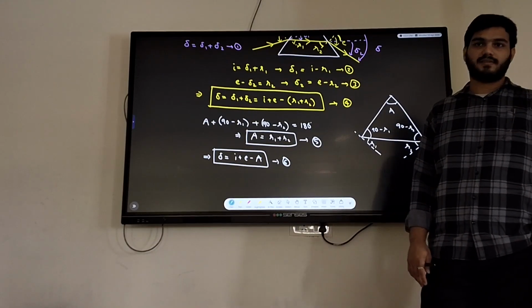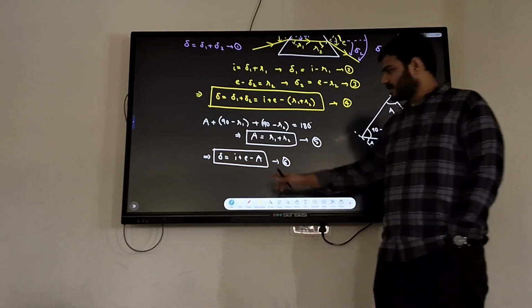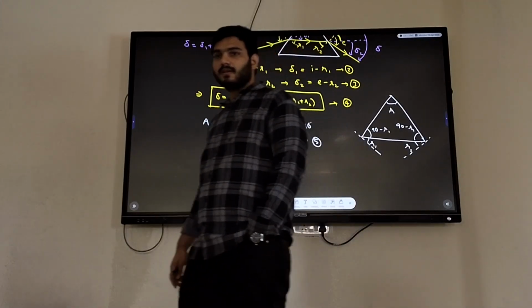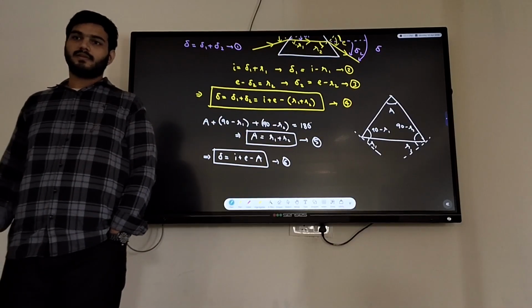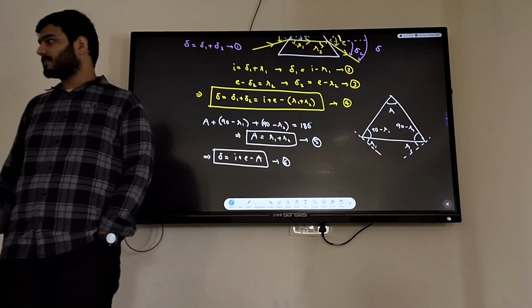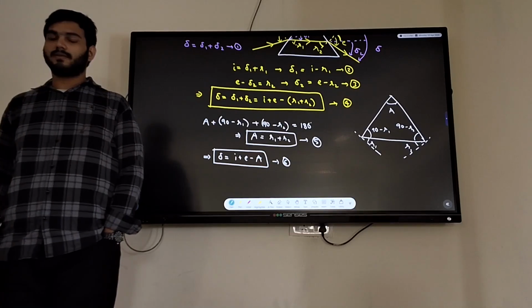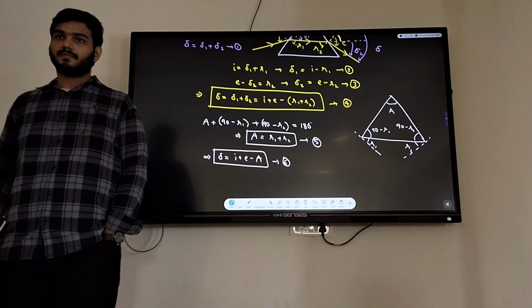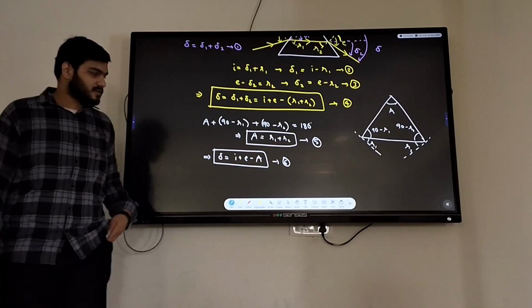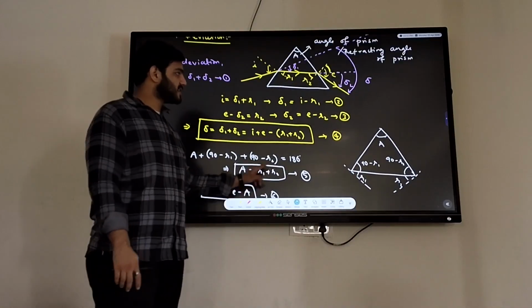That's a constant. I. Why I? Why not E? E is dependent on I, but how? How can you say such a statement, that E is dependent on I? Any answers? Understand this.